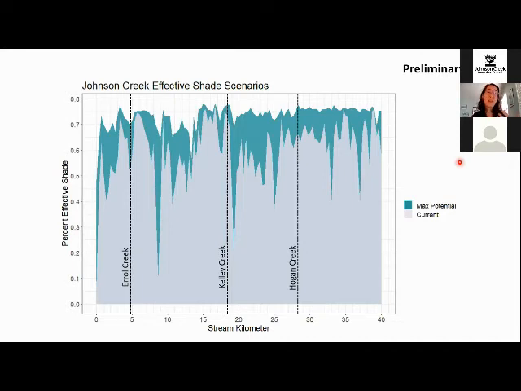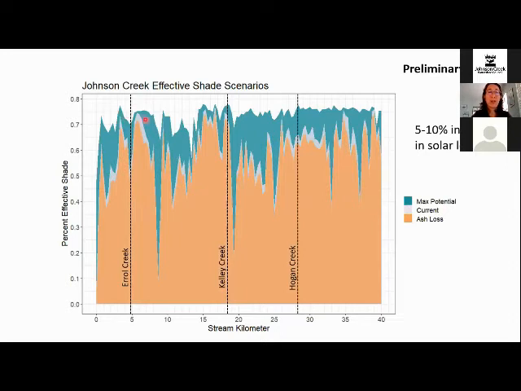So then the question is, if we were to lose that 16%, a complete loss of the entire ash canopy, which would be quite likely if the emerald ash borer came in with no management and replacement afterwards, that would be this orange scenario that you see right here.